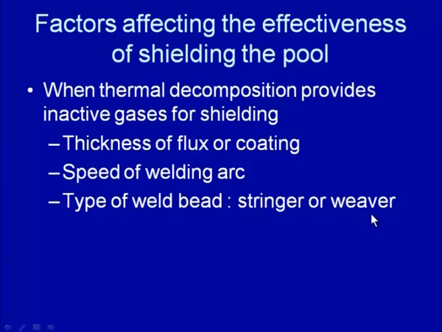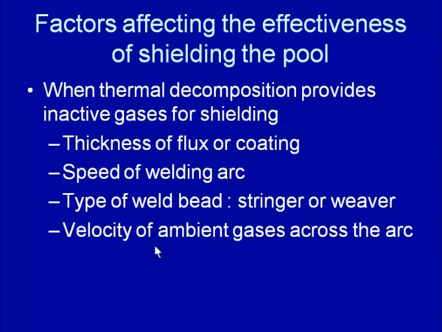Another factor is the velocity of the ambient gases across the arc. If the velocity of the ambient gases across the arc is more, then all the inactive gases being formed by thermal decomposition will be moved away by the ambient gases, which in turn will decrease the effectiveness of the shielding. Therefore, higher velocity of the ambient gases should be avoided, and proper protection to the arc should be given.